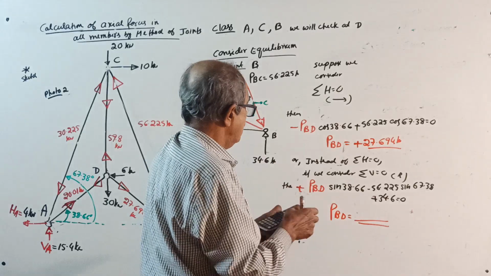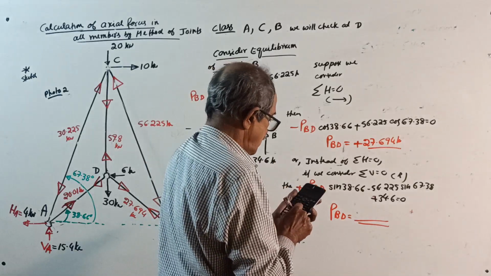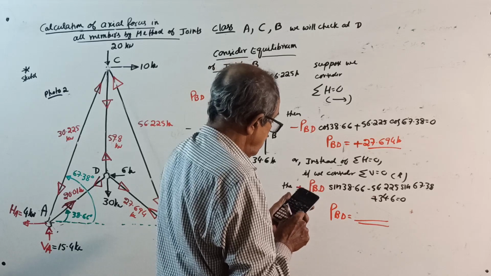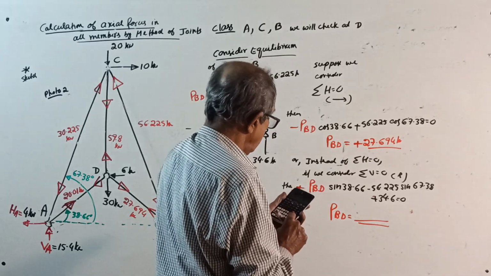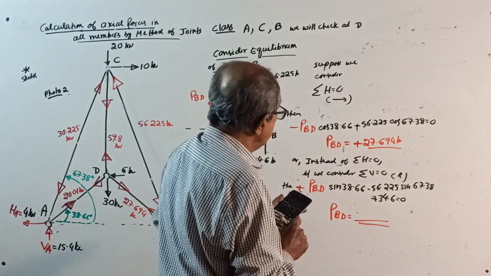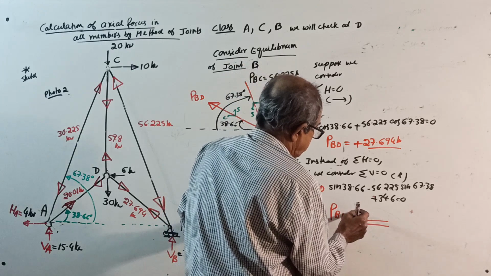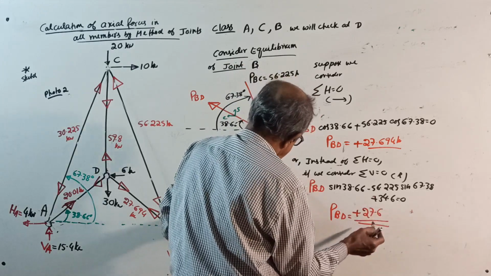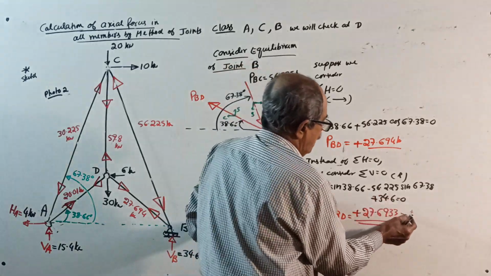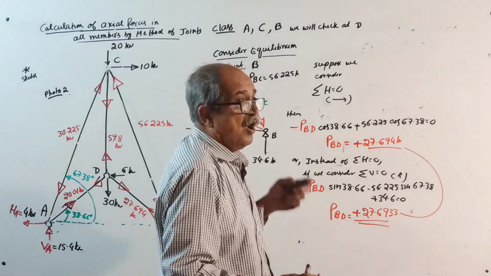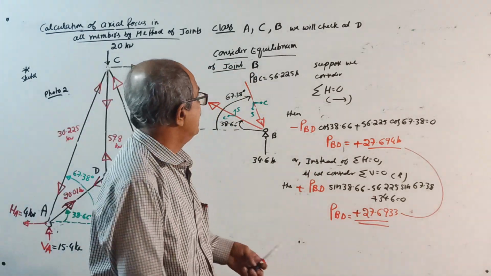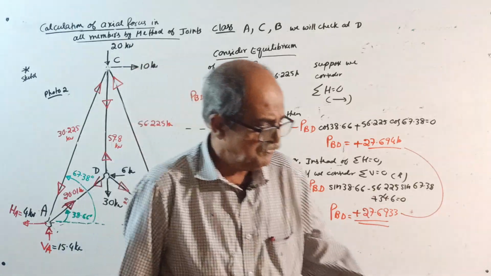Let's see: minus 56.225 into sine of 67.38 plus 34.6 is 17 something divided by sine of 38.66. 27.693, it is coming, 27.694.0007, that is not error, leave it. Now everything is perfectly tallying.